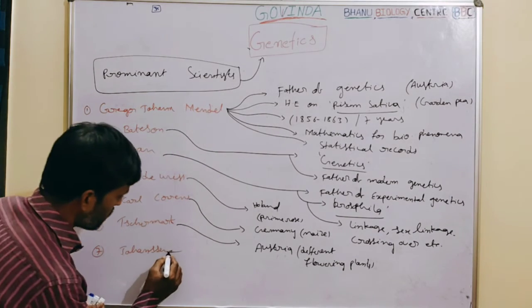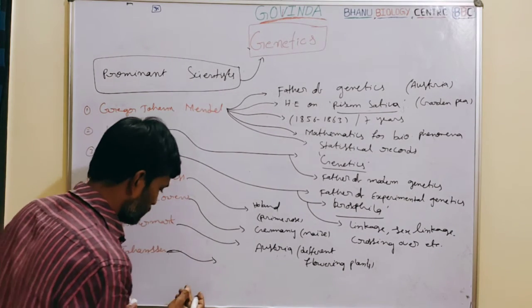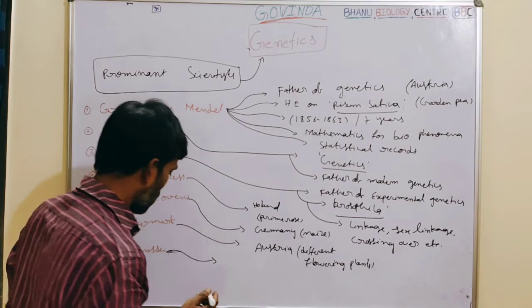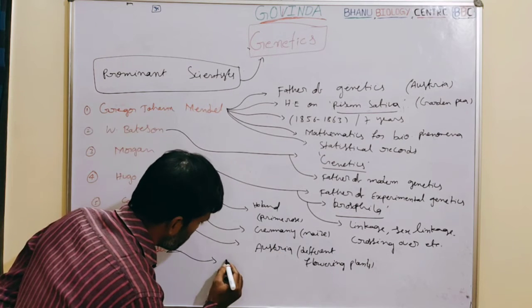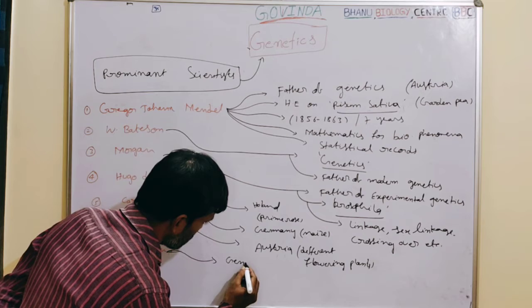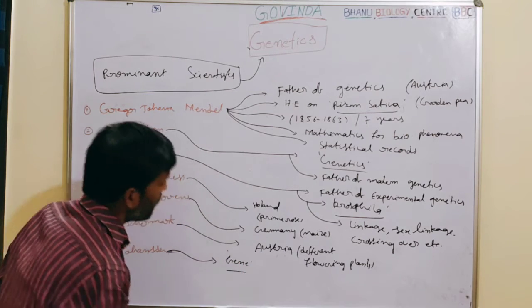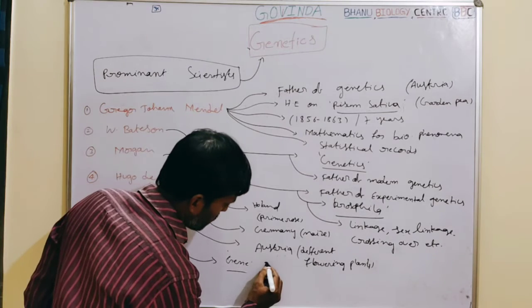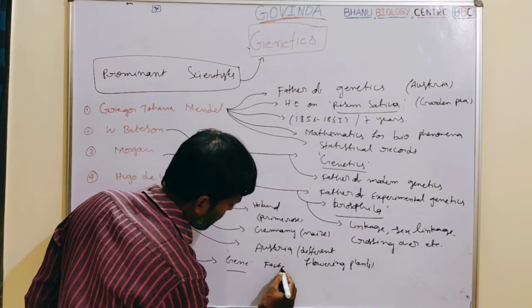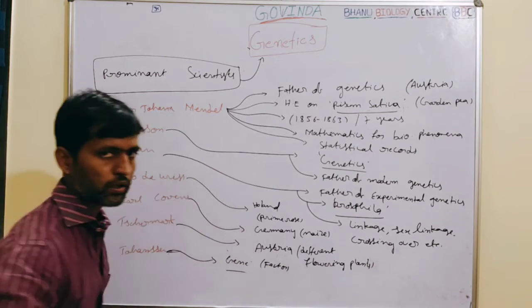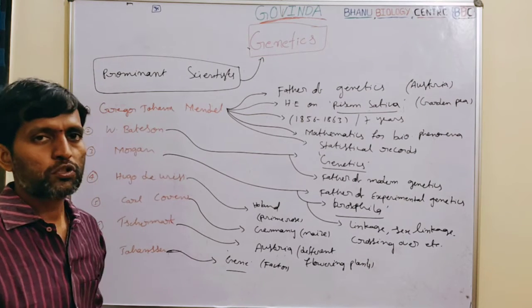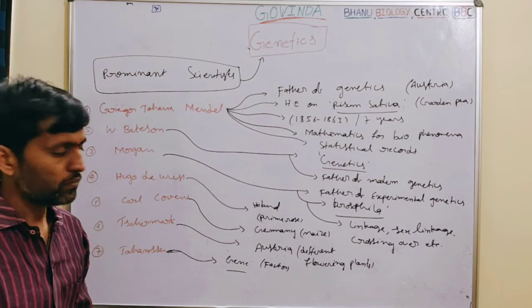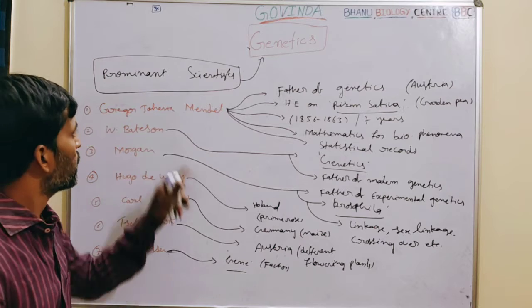Then Johannsen, who called the factors genes. Actually, Mendel called these things factors, right? The things which are responsible for the expression of characters were called factors by Mendel.